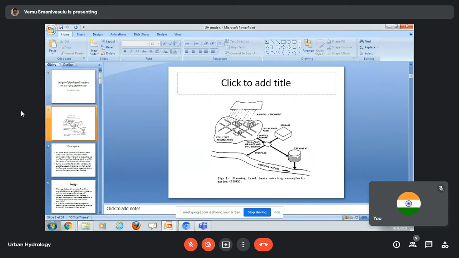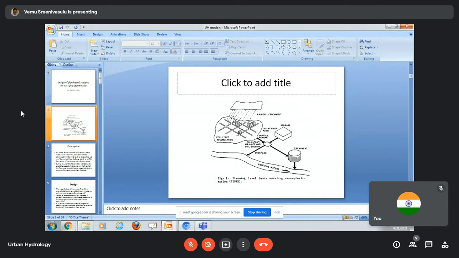As I said, for any analysis your boundary is not just the municipal boundary or a city boundary. Your boundary is the catchment boundary. If your catchment is up to this area, you have to consider the entire catchment, because the rain falling on the upper catchment will also come into the city, as the city is near the outlet of that catchment.